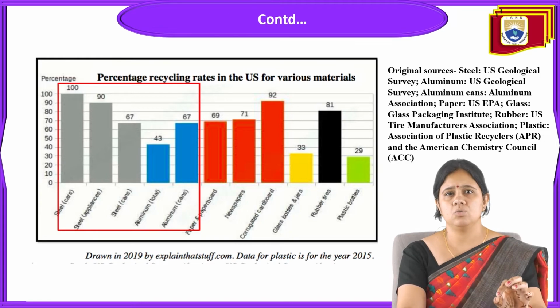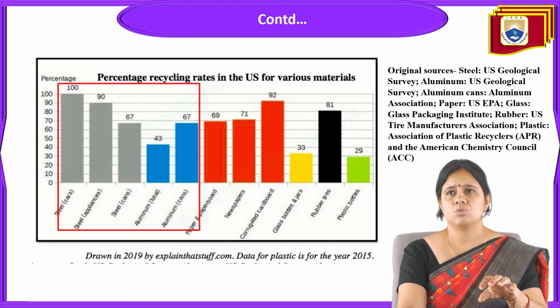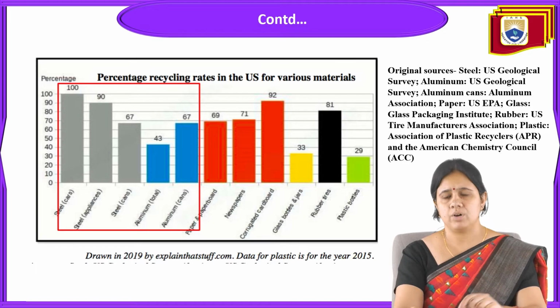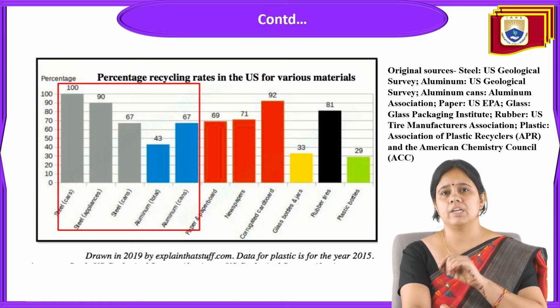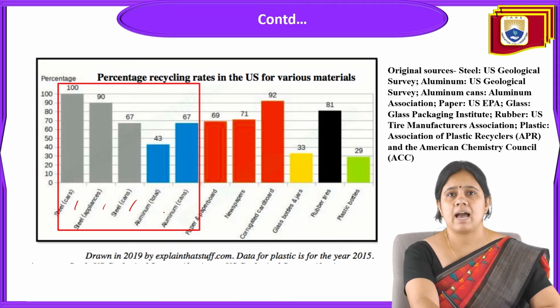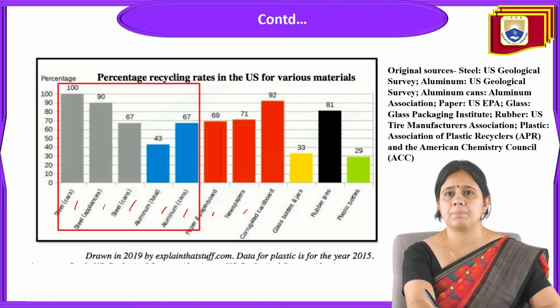In the US, steel is 100%, and for India it is very low. This is the recycling percentage rate in the US for all materials, like steel, steel appliances, steel cans, aluminium total, aluminium cans, paper and cardboard, paper and paperboard. Next is newspaper. These are cardboards. This is a different thing, but these come under recycling.